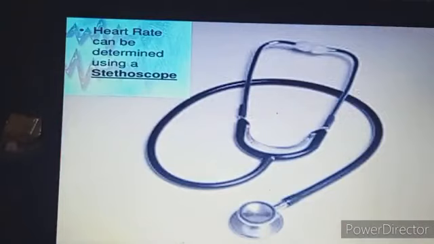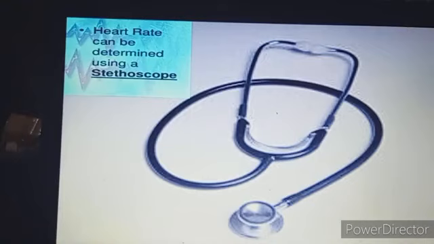It is called a stethoscope. Heart rate or heartbeat can be determined by using a stethoscope. What is the work of this stethoscope? It amplifies the sound of a heartbeat, and because of this, we can hear the lub dub sound clearly.